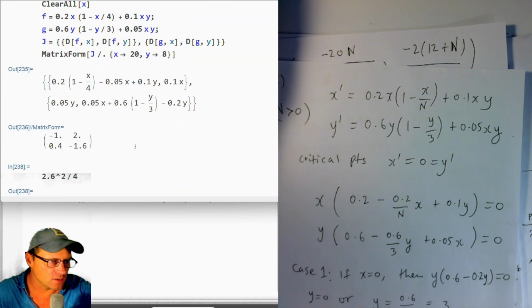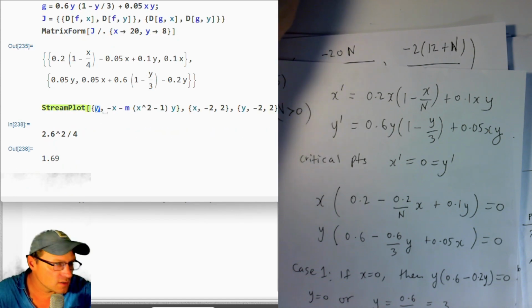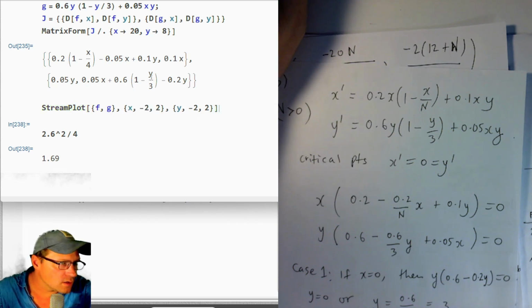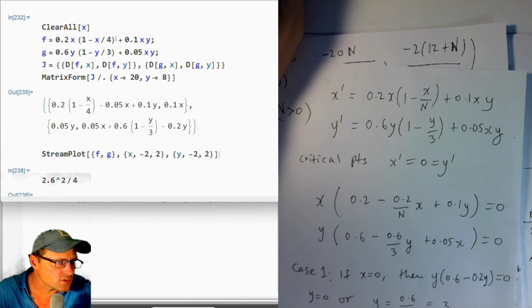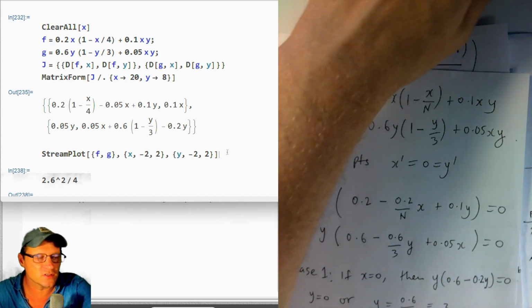So we'll come down here, put this in. So I'll put f, and then I'll put g, and then we've already set n equals 4. Okay, so I should be ready to go here.